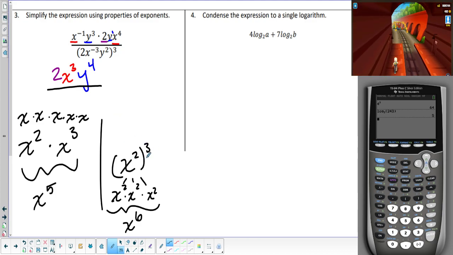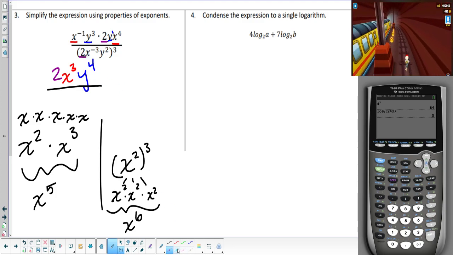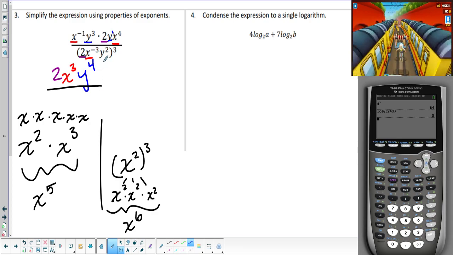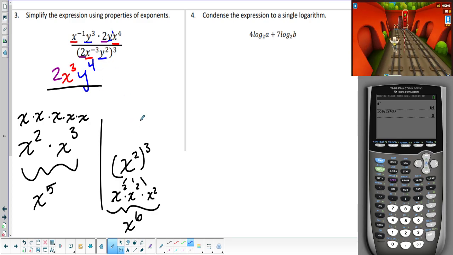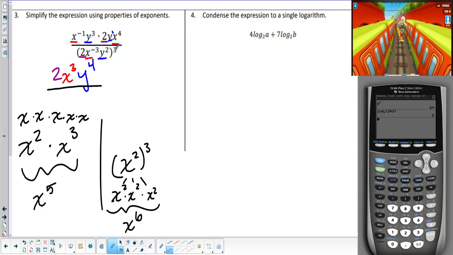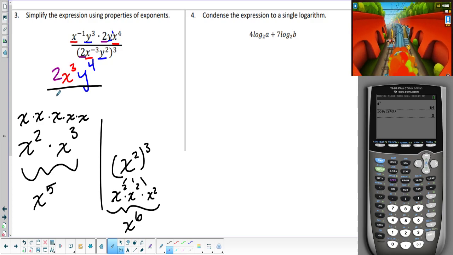So when I look at the bottom, I have a similar thing going on where these 3 different terms are being raised to the 3rd power. I have to think about it like that. I kind of distribute this exponent in. So first we start with 2 to the 3.